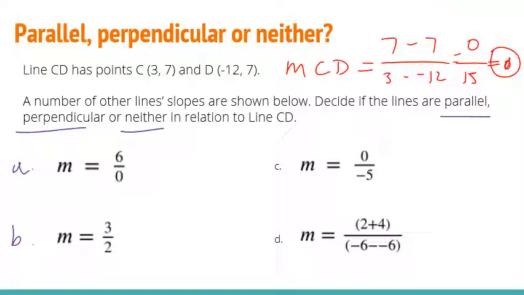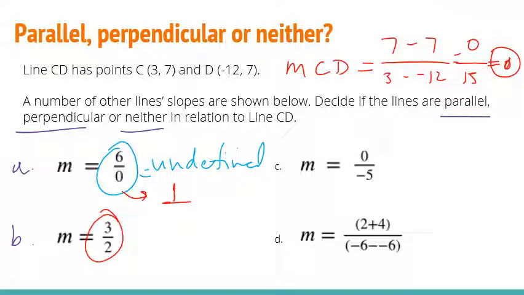So let's see this one. Here, our 0 is on the bottom, so that's undefined, which means that this line is perpendicular to CD, right? All right, 3 over 2, that's going to be neither perpendicular nor parallel, because we have a slope of 0 versus a slope of 3 over 2.